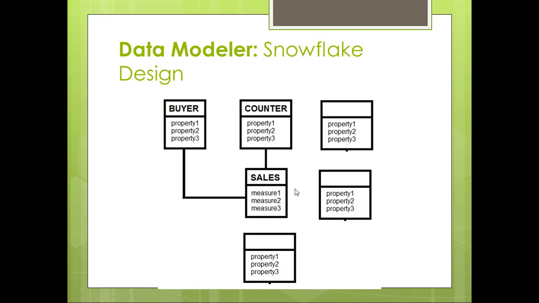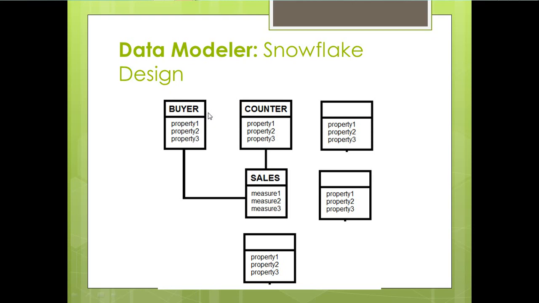Of course, you don't have to keep it over there, but it's just a quick example. And then we have our buyers and our counters. These are definitions all the departments have agreed on, and they have properties. As I said, a buyer could have its demographic, physical attributes, etc.